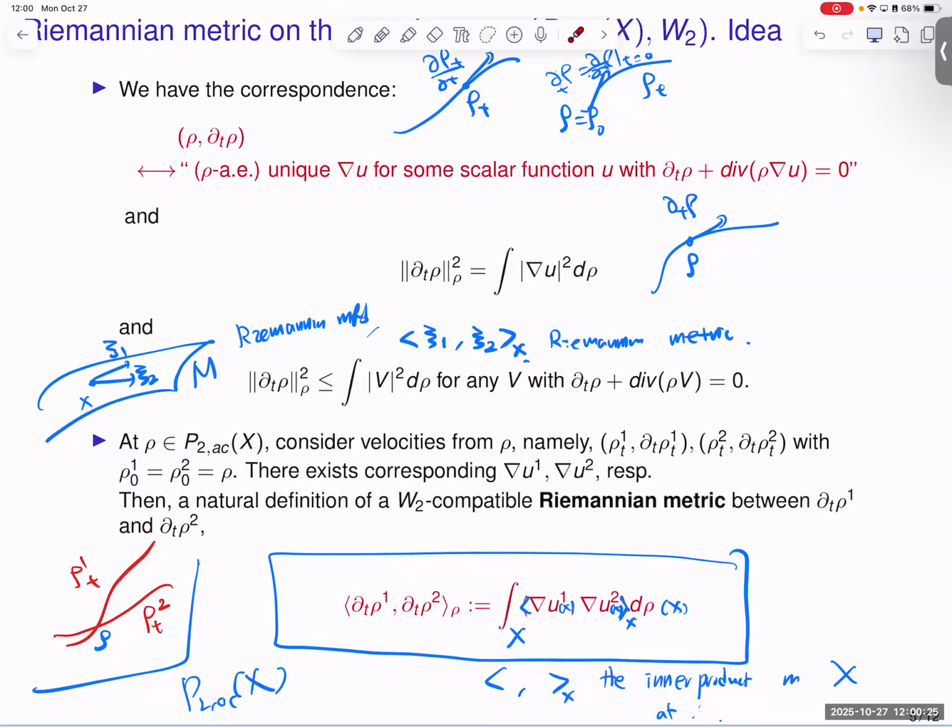Even though R^d is a flat space with zero curvature, P2(R^d) has non-negative curvature, and some configurations exhibit positive curvature on P2(R^d).